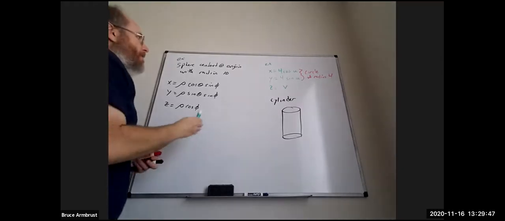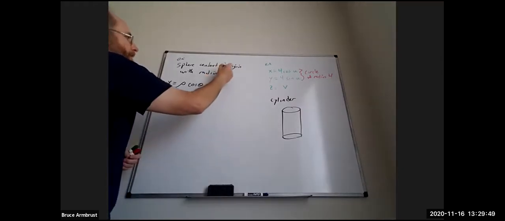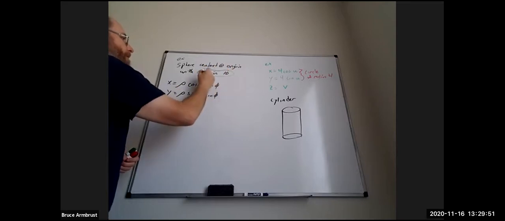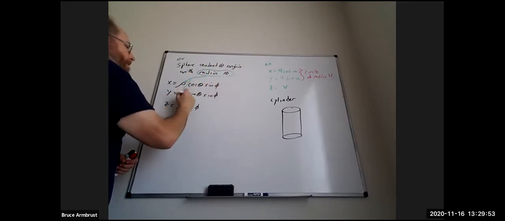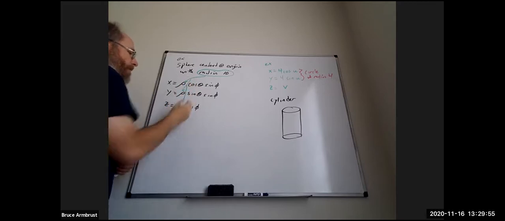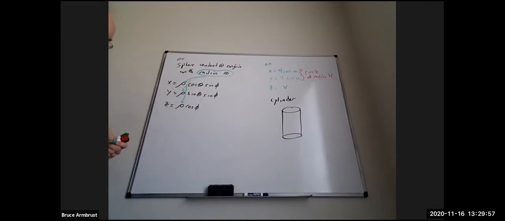But now here, my radius is 10, which means that's what I'm going to put in for my rho. And so if I want to parameterize this, and we'll use again u and v, here's what I'm going to do.